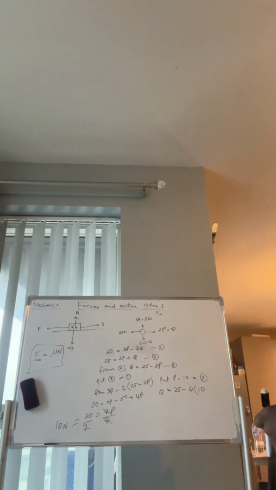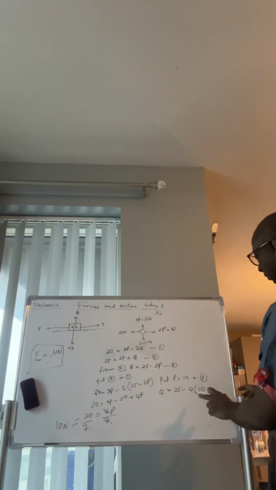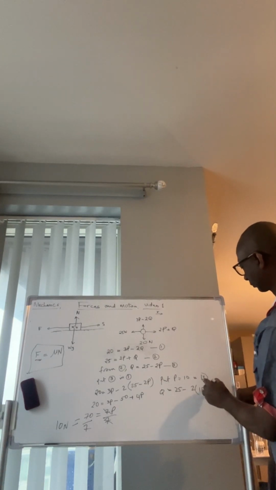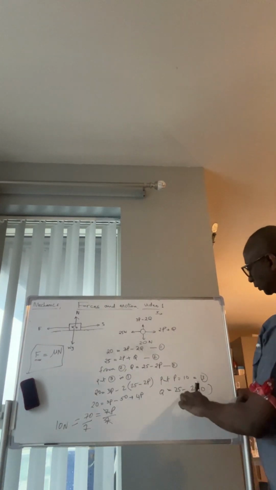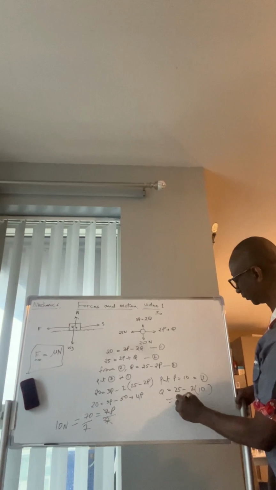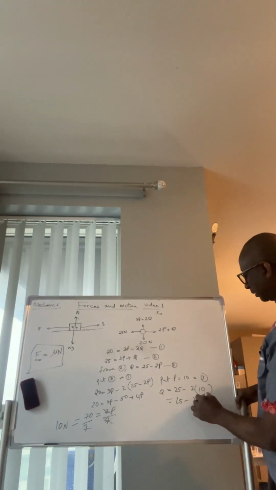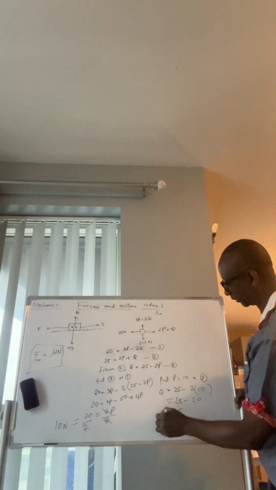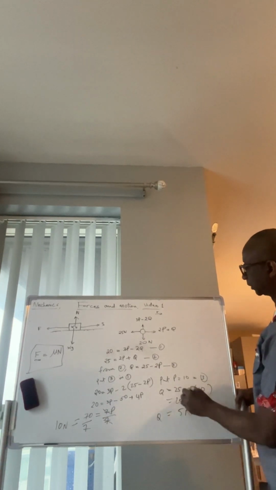That's correct, 25 minus 2, not 4. Minus 2 times 10. So now you have 25 minus 20. So this gives you 5. Q is 5. So Q is 5 newtons.